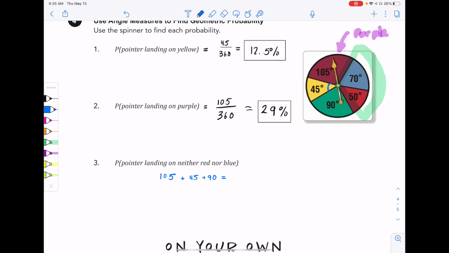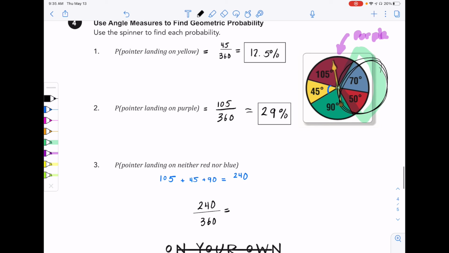And this is equal to 240. So we're going to set up a ratio of 240, because that's the remaining central angle after we get rid of these two colors we don't want, divided by 360, and this is equal to 0.666, so we're going to say 67%.